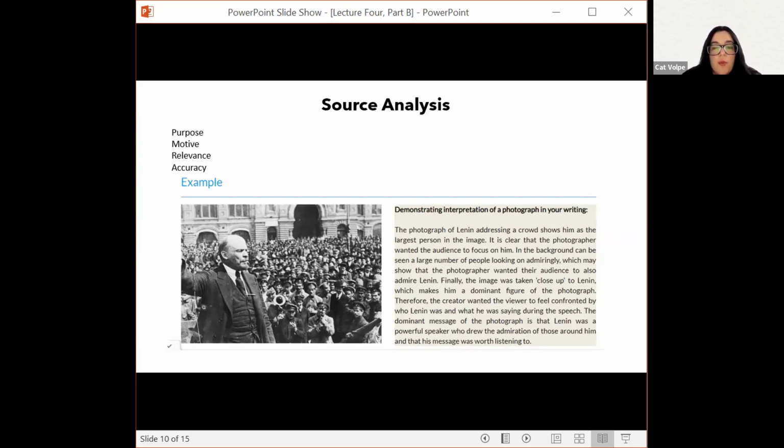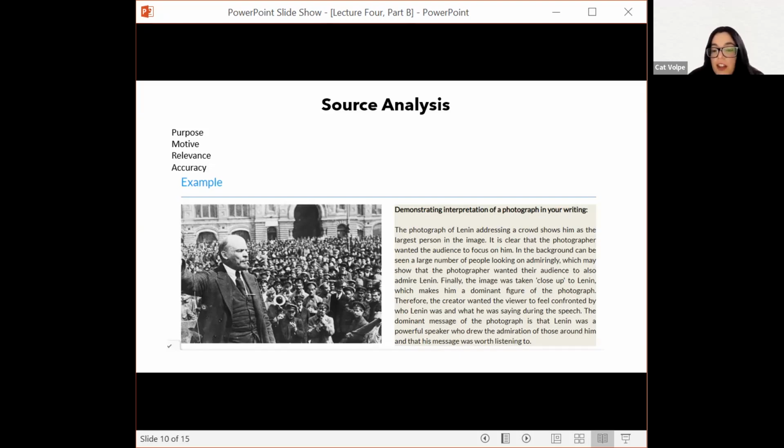We also need to think about the motive, so the reason for the source being made. So we're thinking of context, what was going on at the time, and connecting it to one's values and beliefs. Relevance, so how useful is the source in providing information about the chosen topic? Does it really give us enough information? Accuracy, this is something that we can't really always be sure about, but we can think about its potential and how accurate it is.